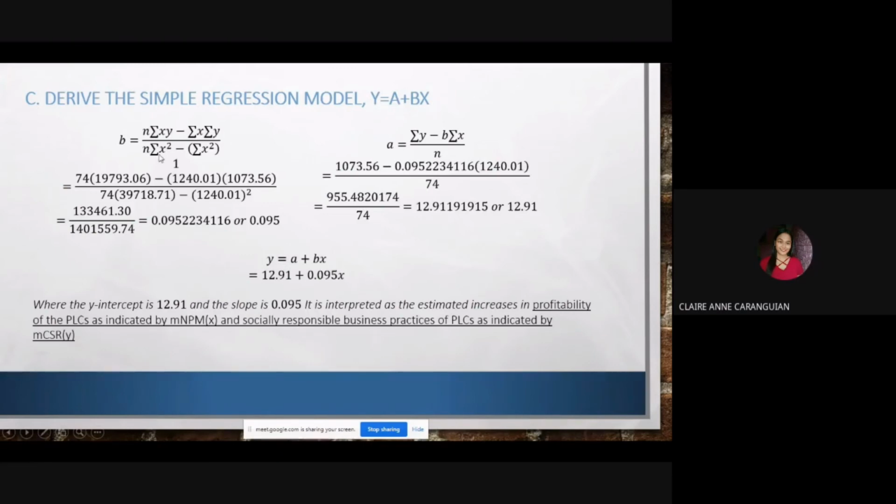For b, this is the formula: b is equal to n, the number of samples, multiplied by the summation of xy, less the summation of x multiplied by the summation of y, all over n multiplied by the summation of x squared, less the quantity of the summation of x squared.